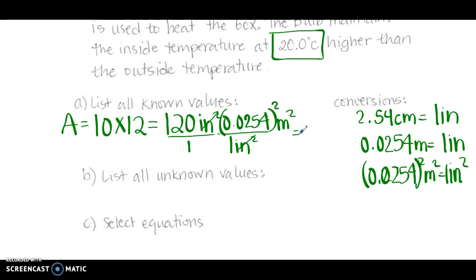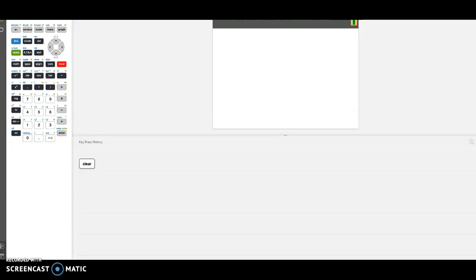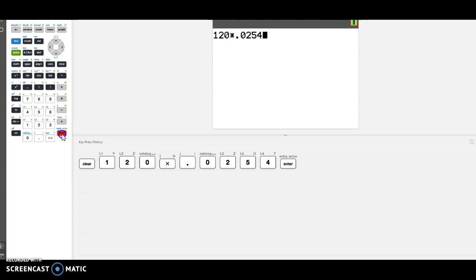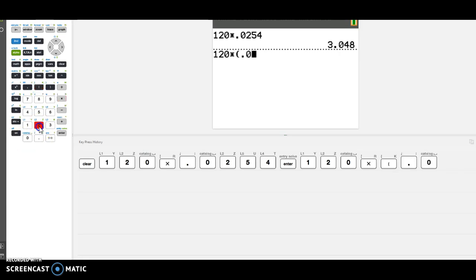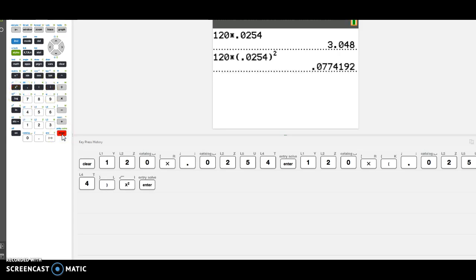And when you do that multiplication, we get 3. Oh, I didn't square it. Hang on. We get 0.0774192.